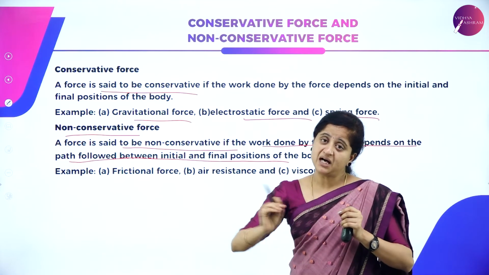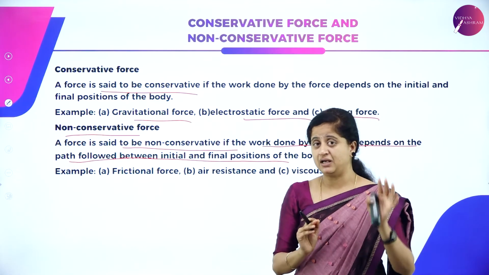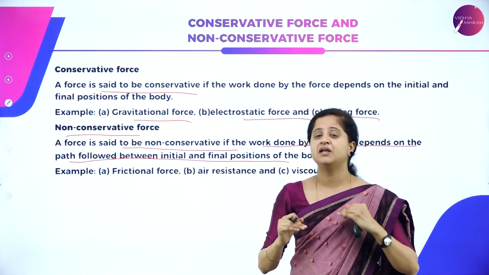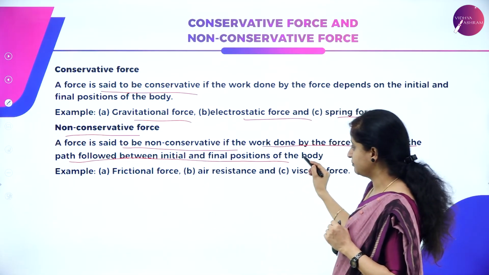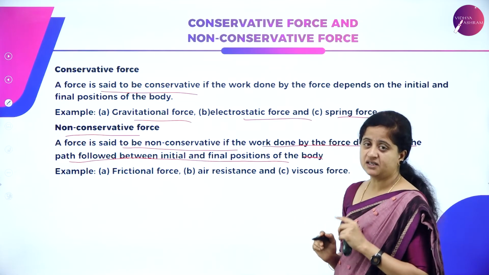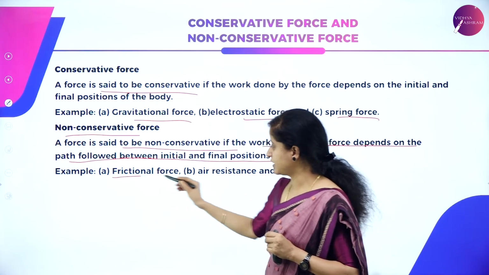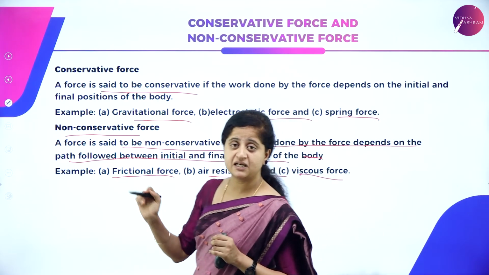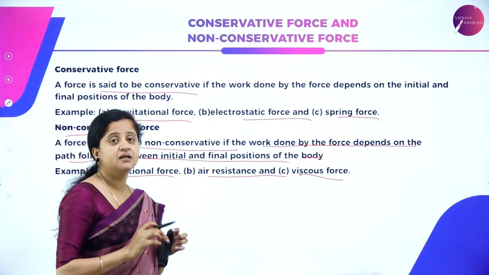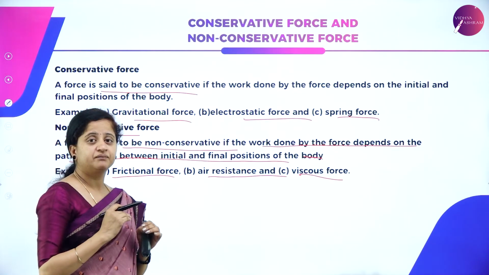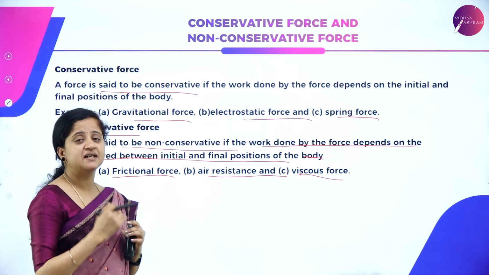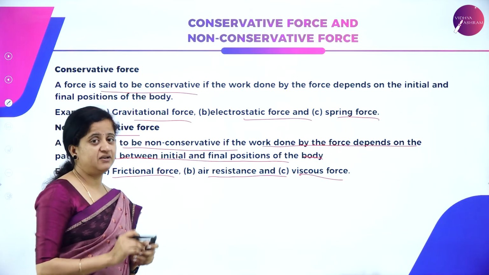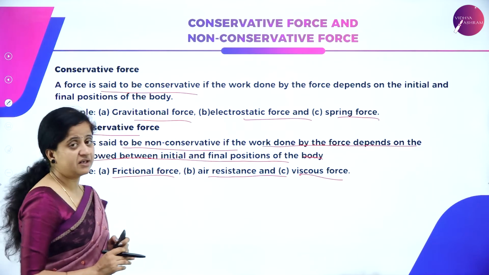It not only depends on the initial and final positions, but on the path that is followed between them. We will say it is a non-conservative force. For example, the frictional force, air resistance and viscous force. In all these three common examples, we can observe that the work done is calculated by considering the path followed between initial and final positions, and we name it a non-conservative force.